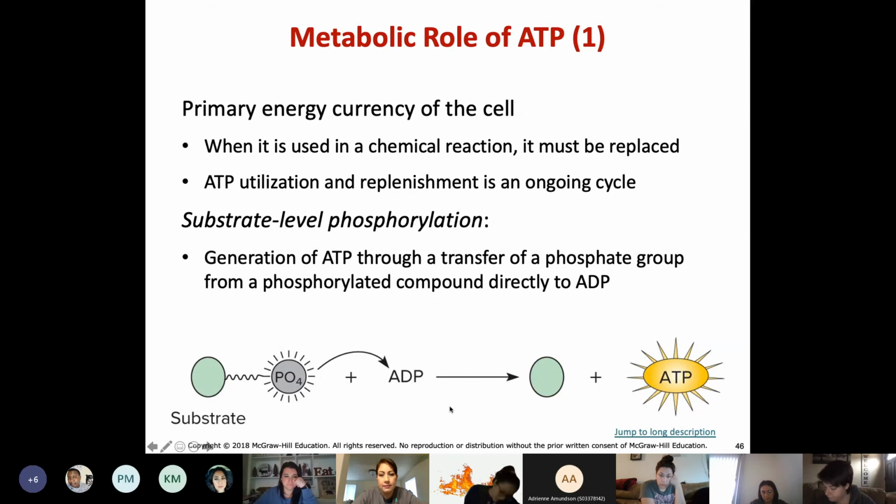All right, guys, now this is a hard concept for students to learn because you're trying to imagine a molecule that is just holding on to phosphate for you. Okay, guys, so I'm going to take you on a journey. Let's go shopping, okay?